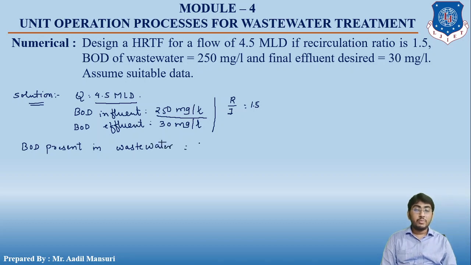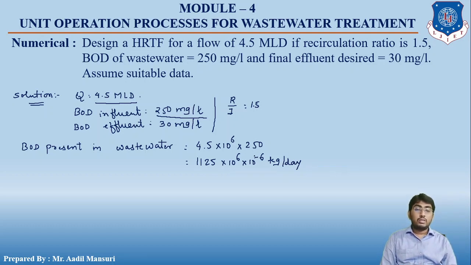This will be equal to 4.5 into 10 to the power 6, converting it into liter per day, and since it has 250 milligram per liter, multiplying with 250. This will be equal to 1125 into 10 to the power 6 into 10 to the power minus 6 kg per day. Why kg per day?